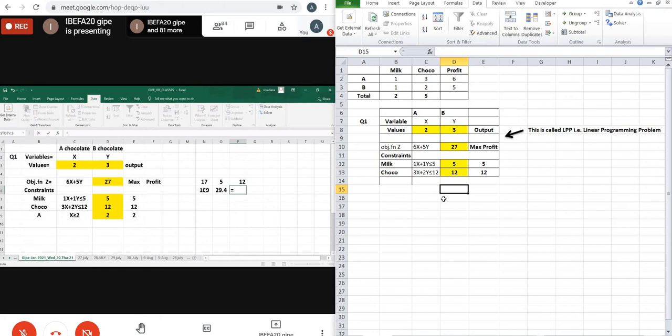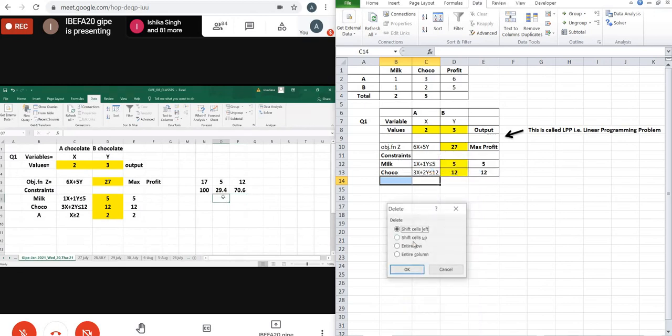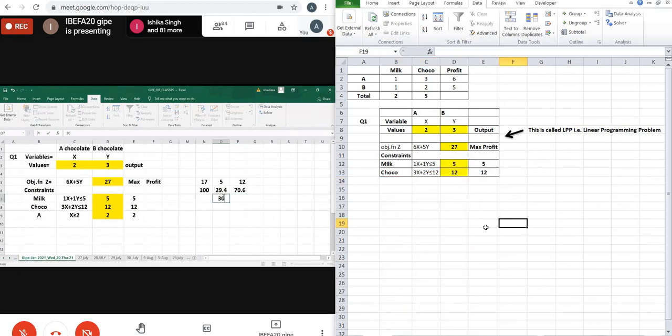And 70.5. So I say 30 and 71. Okay. How much shall I take? 30, 70. Suppose if I give that, let us see the answer.